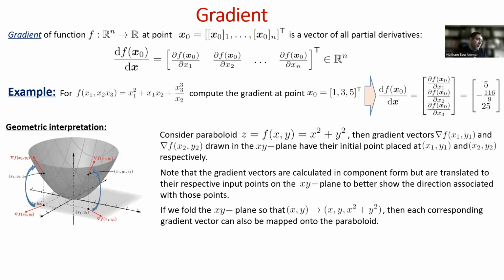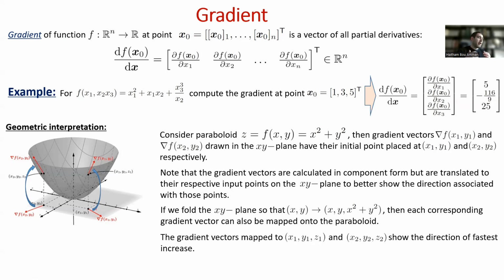But now when we fold the whole xy two-dimensional space to this surface, to this paraboloid, then the two-dimensional gradient vectors that were depicted on the xy plane will be transported to tangent vectors at the surface. So here we see how they will be translated. That will be the gradient of the function z, which is f of x, y, at the point x1, y1, and this will be at the point x2, y2.